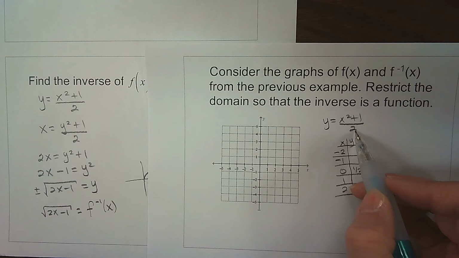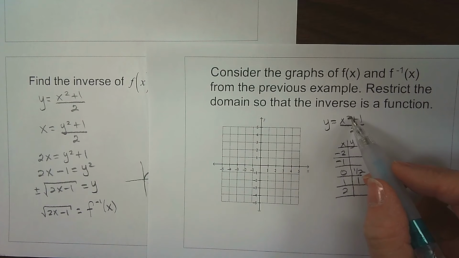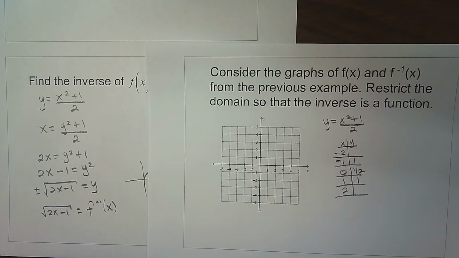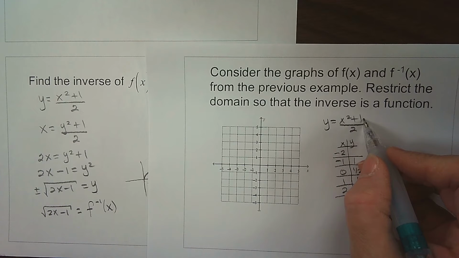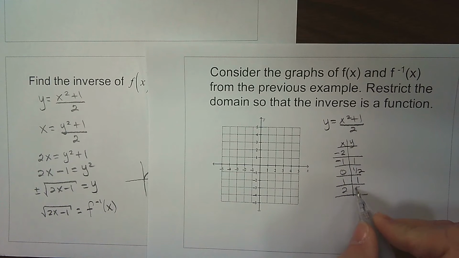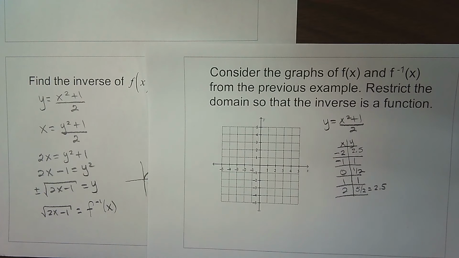That is 2 over 2, or 1 as an output. And I hope you see that if I put a negative 1 in here and square it, I'm going to get that same output. Similarly, when I put in a 2 squared, I get 4, and 1 more, that's 5. I could write this as 5 halves, but that's the same thing as 2.5 if you prefer to see it that way. And if I plug in a negative 2, I'm going to produce the same output.